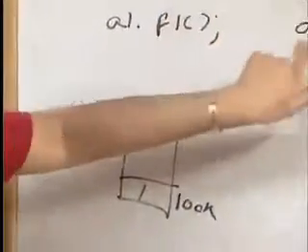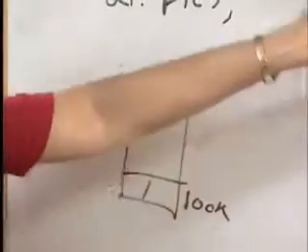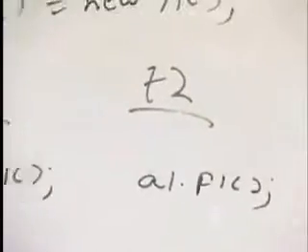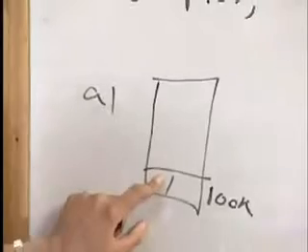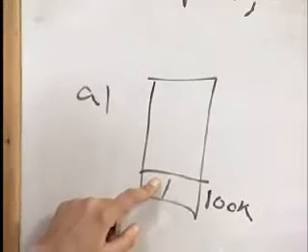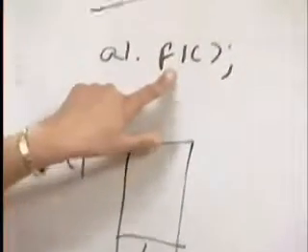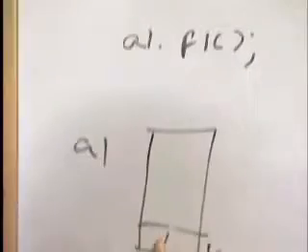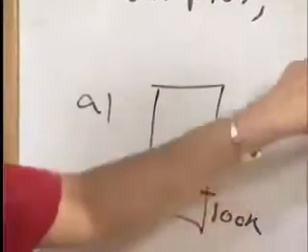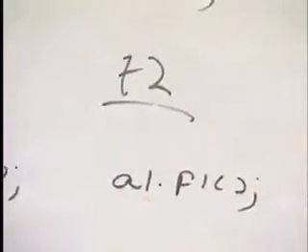Now if T2 were to call A1.F1, it also requires to place a lock here, but there is already a lock, so it cannot place one, it has to wait at that point. Once F1 is done and it releases the lock, making it 0 again, only then can T2 call F1 by placing a lock again.